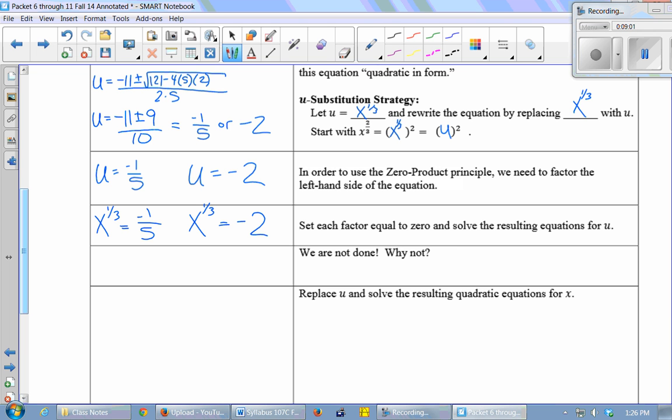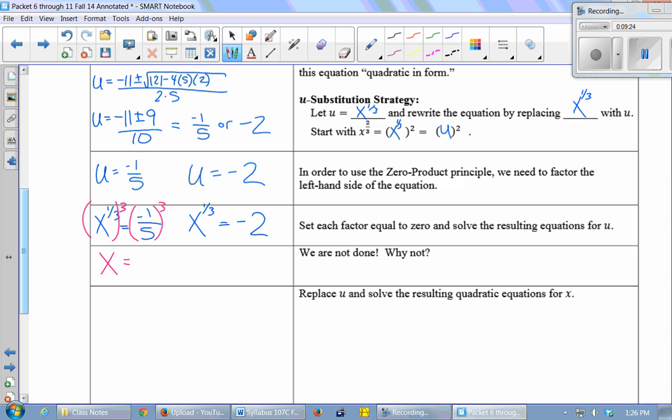How do you solve something to the 1/3 equals a number? Cube it. Yeah. I'm going to raise both sides to the 3rd power because when you raise a power to a power, you multiply the exponents, and 1/3 times 3 is 1. So this is just x to the 1st or x.